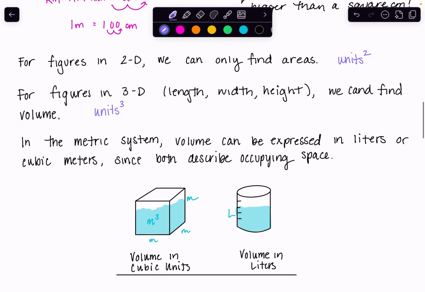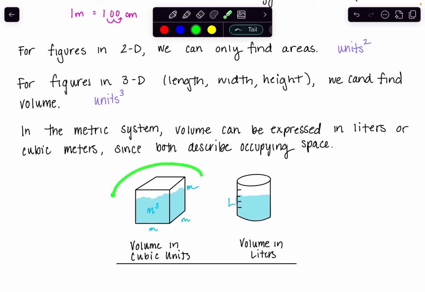So when you're dealing with the length, that's typically when you're going to have rigid sides, and then you would just multiply those sides together. When you're dealing with something of a cylindrical shape, so like a beaker or something of that nature, that's when you would typically use liters. But both of these still talk about measuring space, okay? Because what happens is, if I take the amount of liquid that fits into this box and I pour it into here, there is a conversion between these two because that amount of liquid takes up the same space in the beaker.